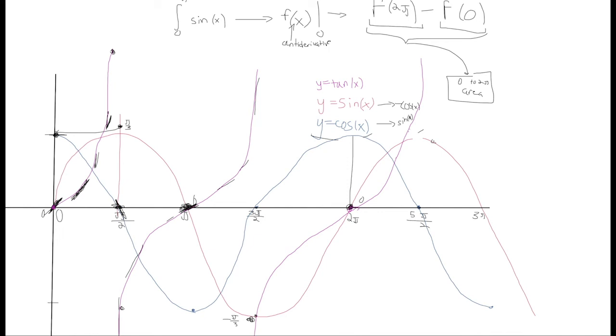And the reason for that is the function itself is approaching a really, really big number. So the area under that curve is going to approach a really, really big number. So I'll just put an arbitrary dot over here to represent a really big number.